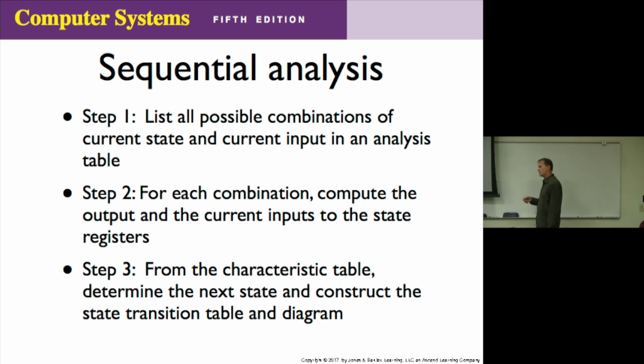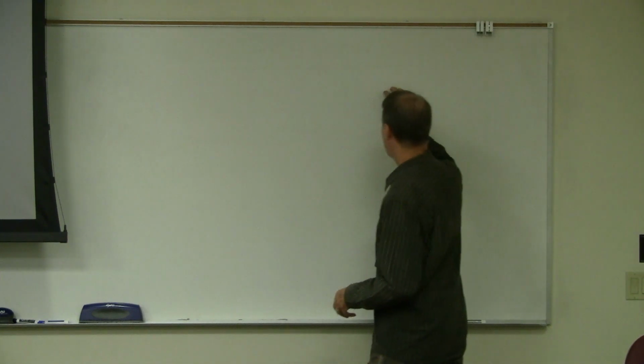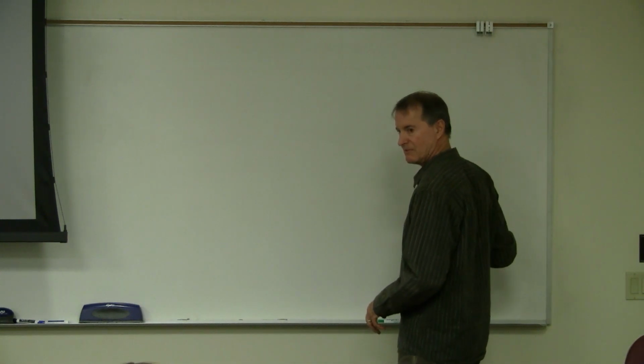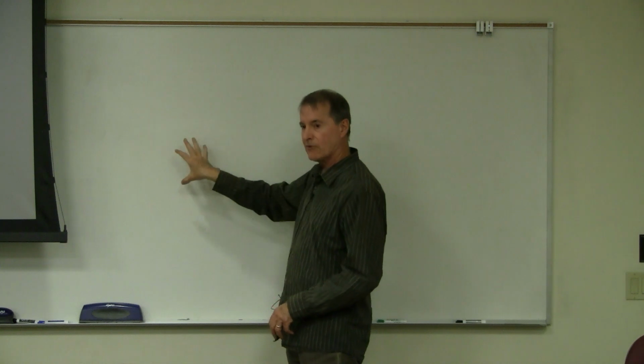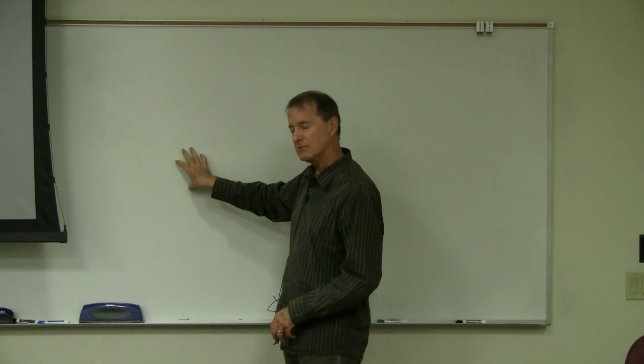How many possible states are there in this system with 2 flip-flops, with 2 state registers? 4. So our state transition diagram is going to have 4 states, and we're going to construct that from a state transition table.